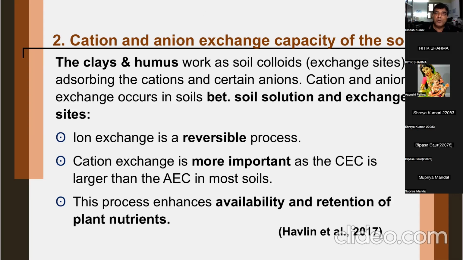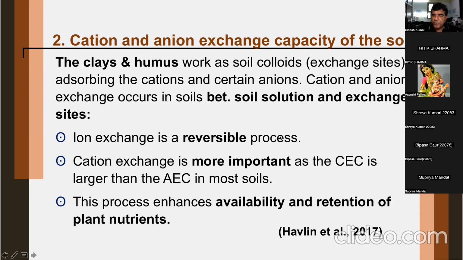And whenever the concentration of an ion is less on exchangeable sites and more in the soil solution, then they can go back to the exchangeable site. This is for each individual ion; one ion will exchange with the same species of ion.